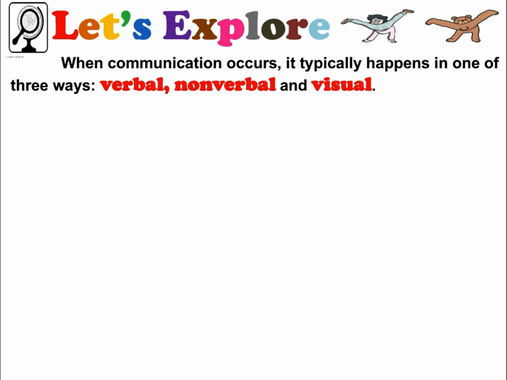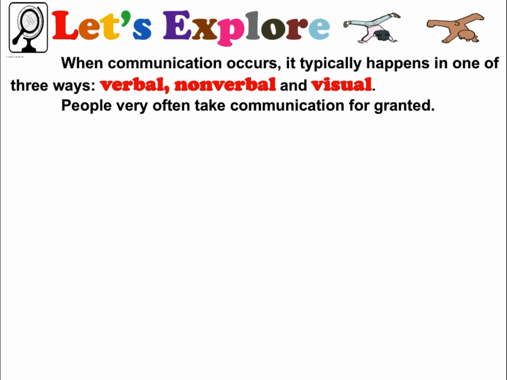Let's explore our topic, which is communication strategies. When communication occurs, it typically happens in one of three ways: verbal, non-verbal, and visual. People very often take communication for granted. Why is that?